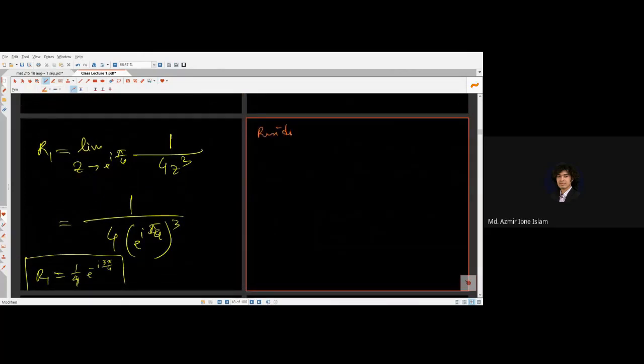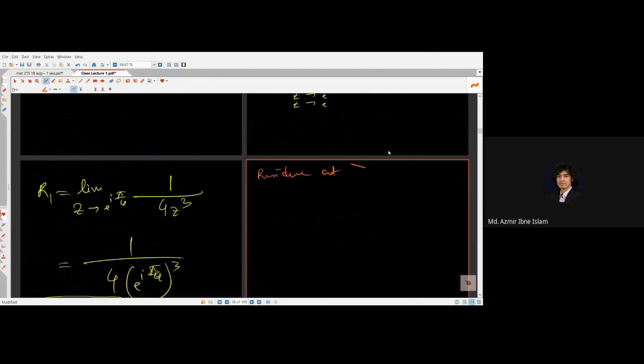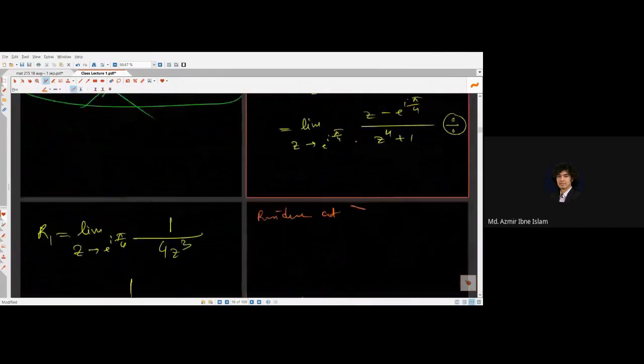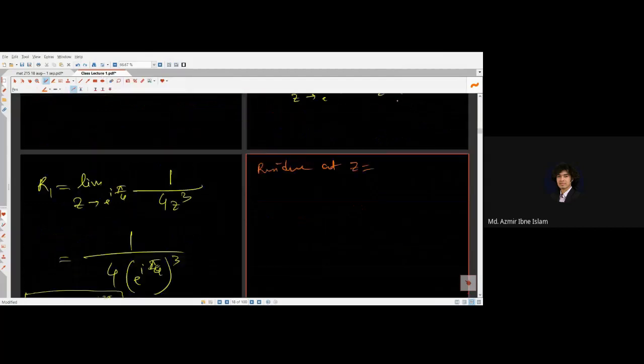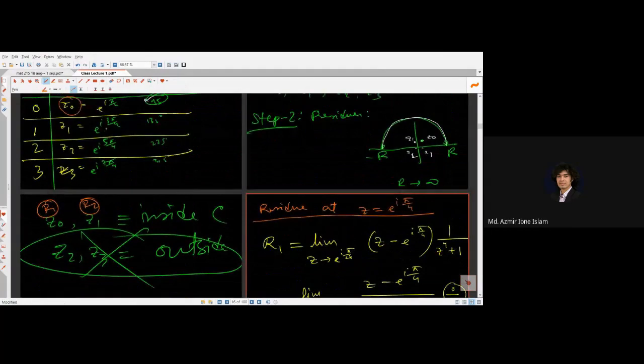Now R2. Once you understand the concept, the problems are easy to solve. So residue at Z equal to Z1, where Z1 is e to the power I 3 pi by 4.